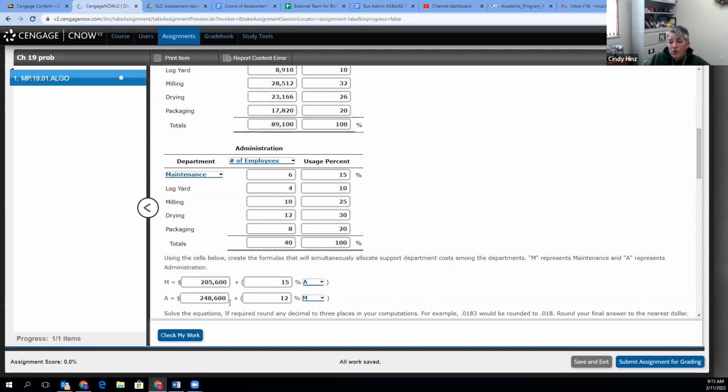We should be able to substitute in either direction. Let me get my annotate up here. We know that A equals this, so we could take this whole thing and plug it into the first equation for A. We should also be able to take this and plug it into the second equation for M. The problem is in the software, if you round too much, it will give you the wrong answer.